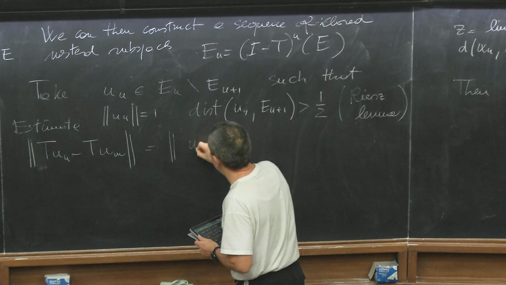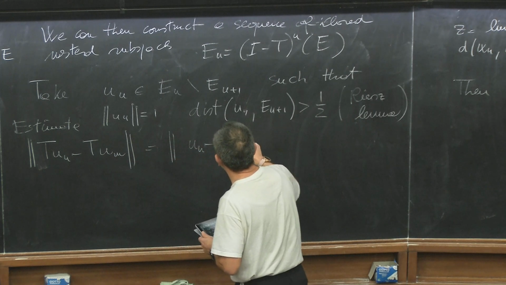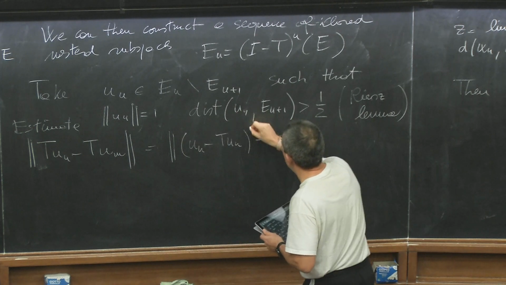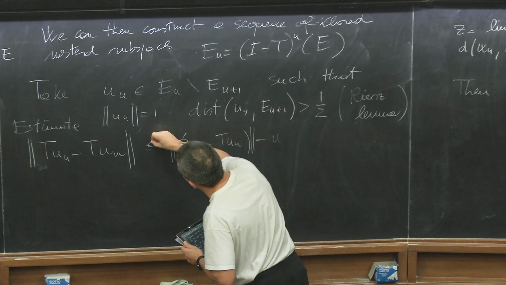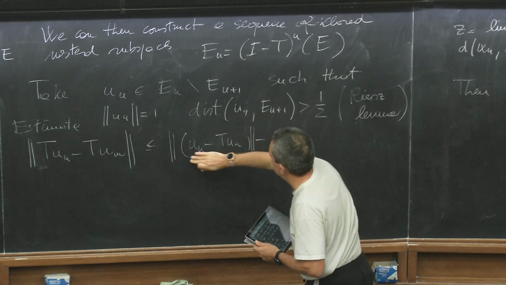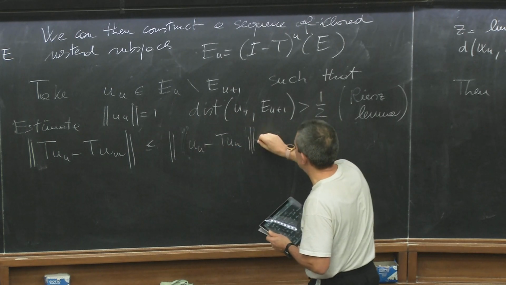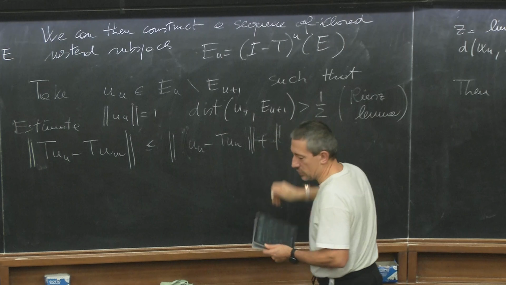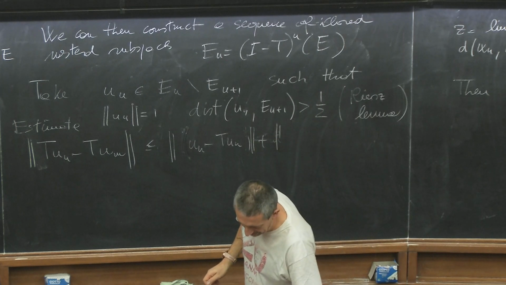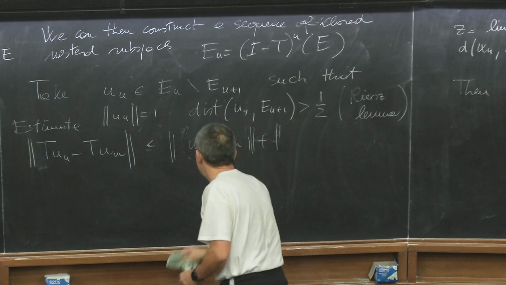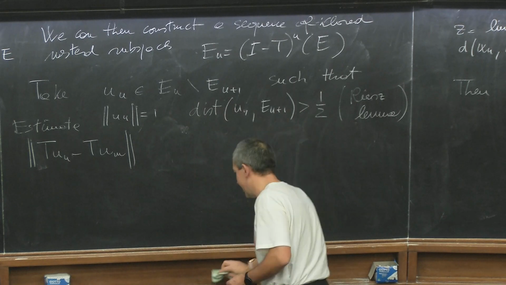So I write un minus T un. Let me do already a triangle inequality. Sorry, no, this is not the smart thing. I did not use the triangle inequality because I need this larger.